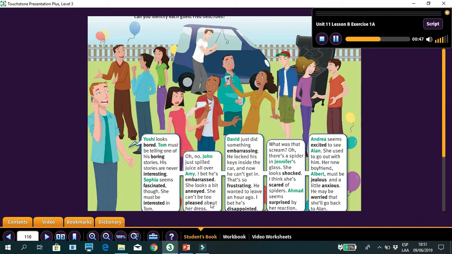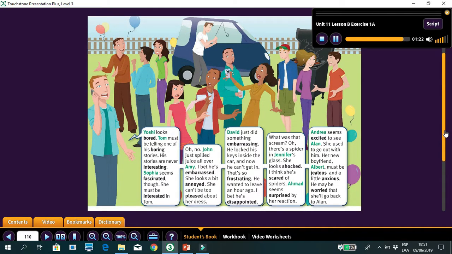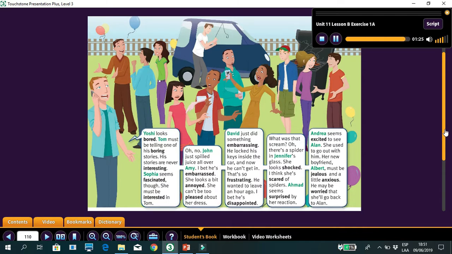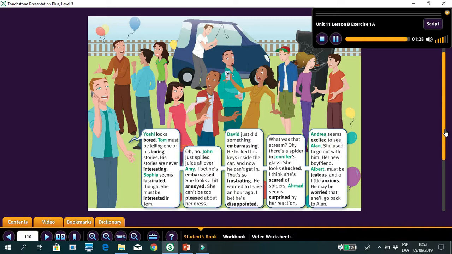She can't be too pleased about her dress. David just did something embarrassing. He locked his keys inside the car and now he can't get in. That's so frustrating. He wanted to leave an hour ago. I bet he's disappointed. What was that scream? Oh, there's a spider in Jennifer's glass. She looks shocked. I think she's scared of spiders. Ahmad seems surprised by her reaction. Andrea seems excited to see Alan. She used to go out with him. Her new boyfriend, Albert, must be jealous and a little anxious. He may be worried that she'll go back to Alan.